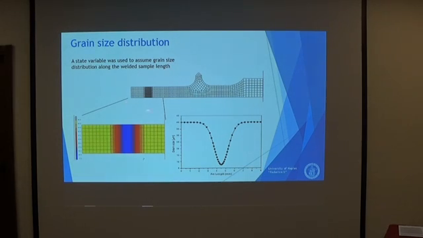So you see here the mesh I used to simulate the cross-weld sample, and this is the idealized grain sizes assumed in the heat affected zone, starting from about 40 micrometers. Far away from the heat affected zone the values are more or less the same, but in the heat affected zone we have a sharp decrease of the grain size.